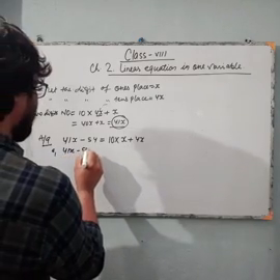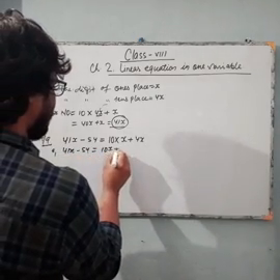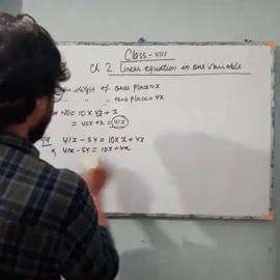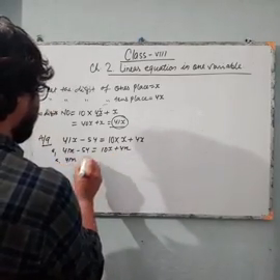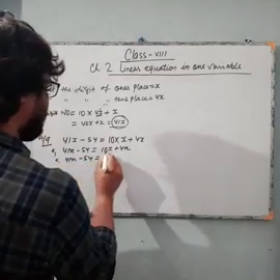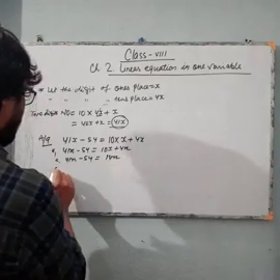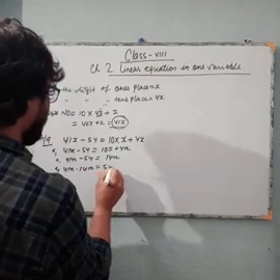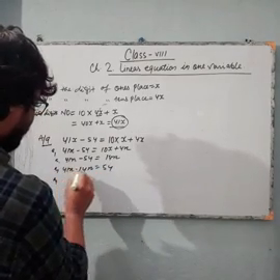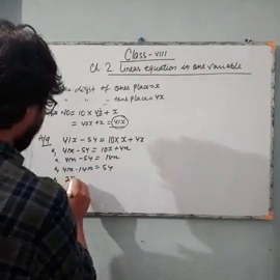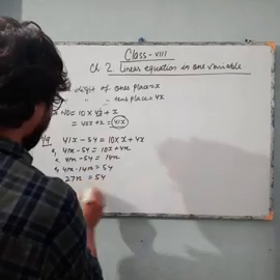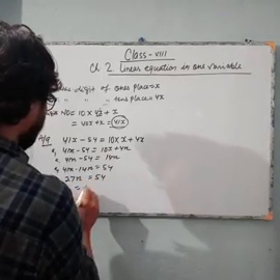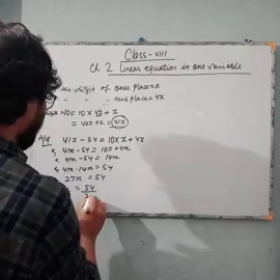41x minus 54 is equal to 10x plus 4x, और 41x minus 54 is equal to 14x, और 41x minus 14x is equal to 54, और when we subtract from this, 27x is equal to 54. Hence x is equal to 54 by 27.